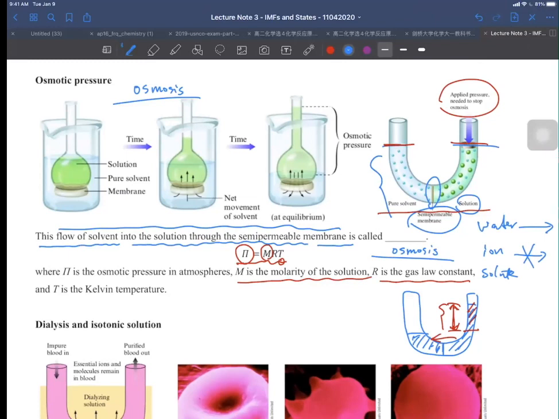The bottom is made by a semi-permeable membrane, and then you put it into the pure solvent, and you will see initially the heights are the same, but at the equilibrium state, the heights are different. And then the pressure produced by the height difference is called osmotic pressure. Make sense to you?